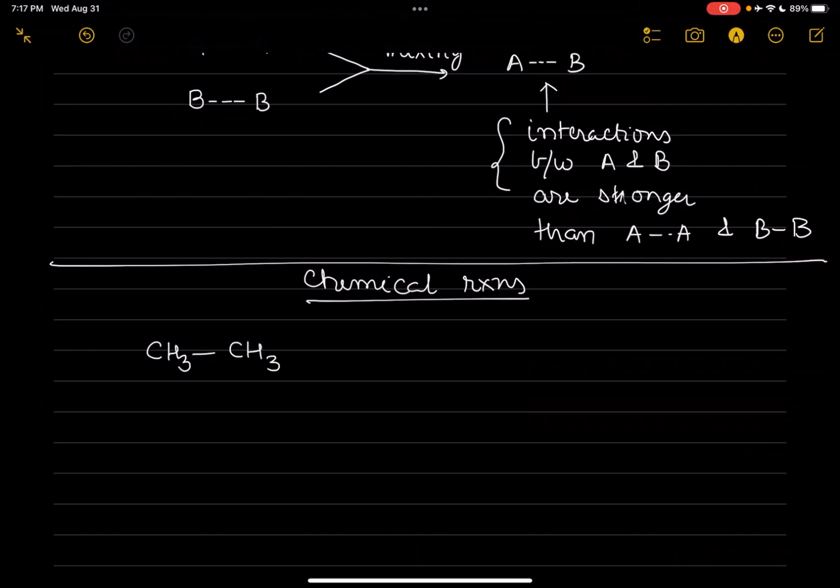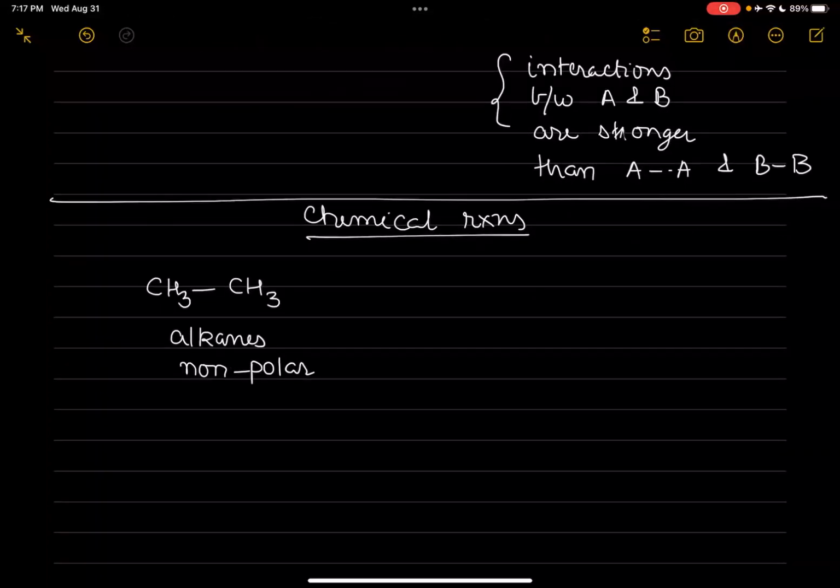Suppose we talk about alkanes. They have carbon-carbon bonds and they are almost non-polar. They do not have any charge on any atom. Significant charge will not be there, only a temporary charge may come up here or there, which may disappear. And they are very less reactive.